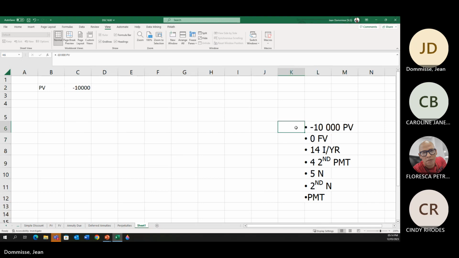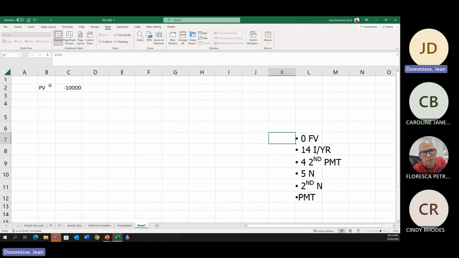What you can do, I'm using the terms that are normally on a financial calculator, so it will be the same process. Present value, and then the future value, remember, is what it will be at the end of a term. So the future value will be equal to 0, because by the end of the term you would have paid off the loan.